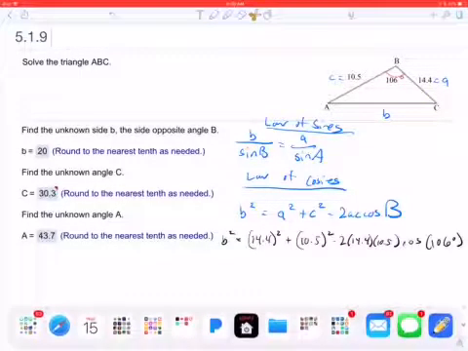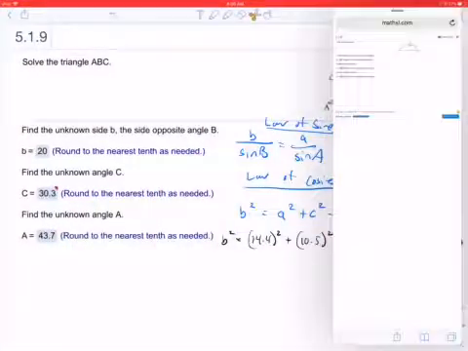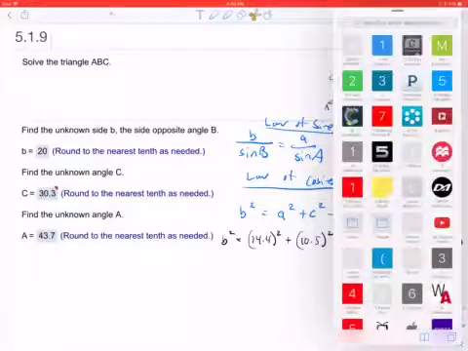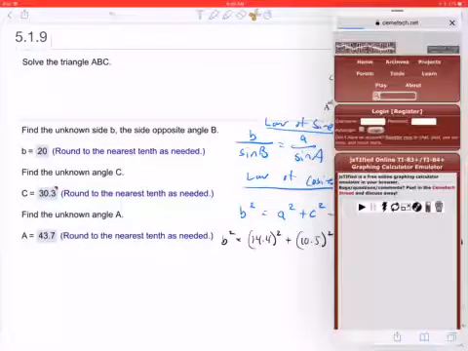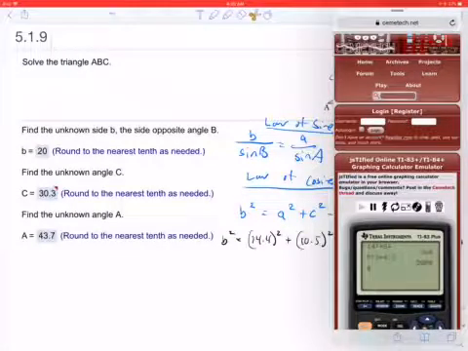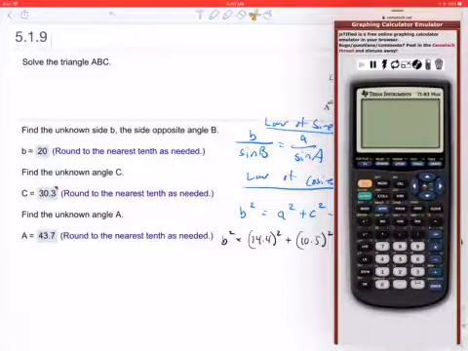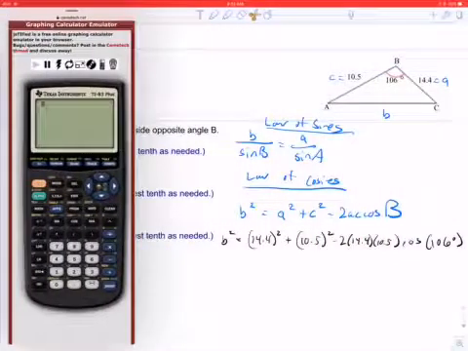So let me pull up a calculator. I'm just going to go ahead and take the square root.